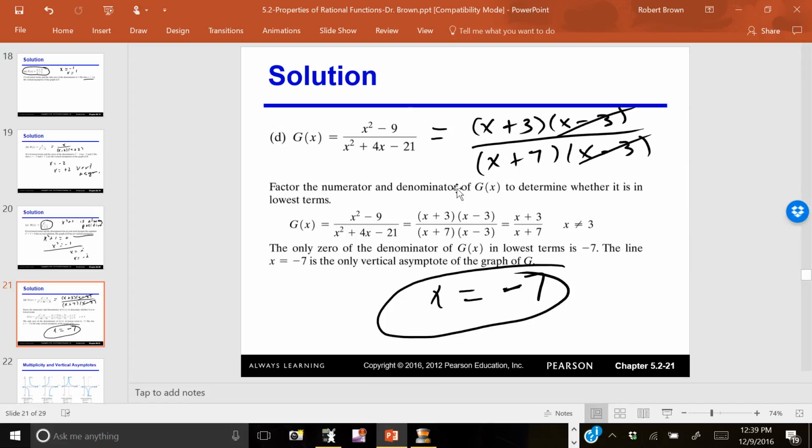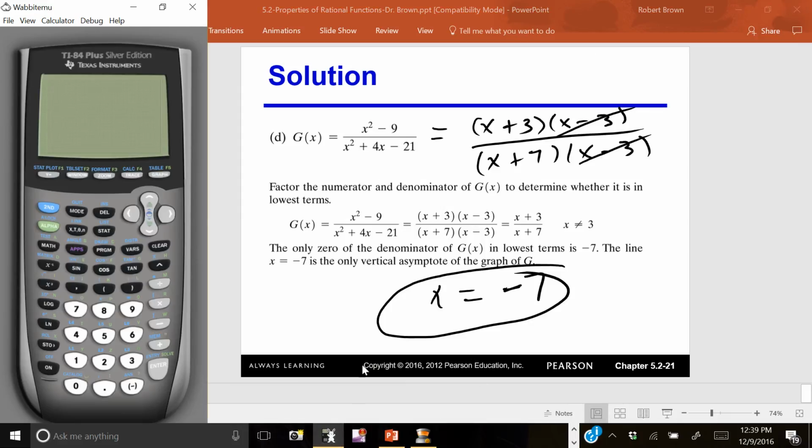In fact, I would like to graph this function. Just to indicate, let's now use parentheses, x squared minus 9 divided by x squared plus 4x minus 21.